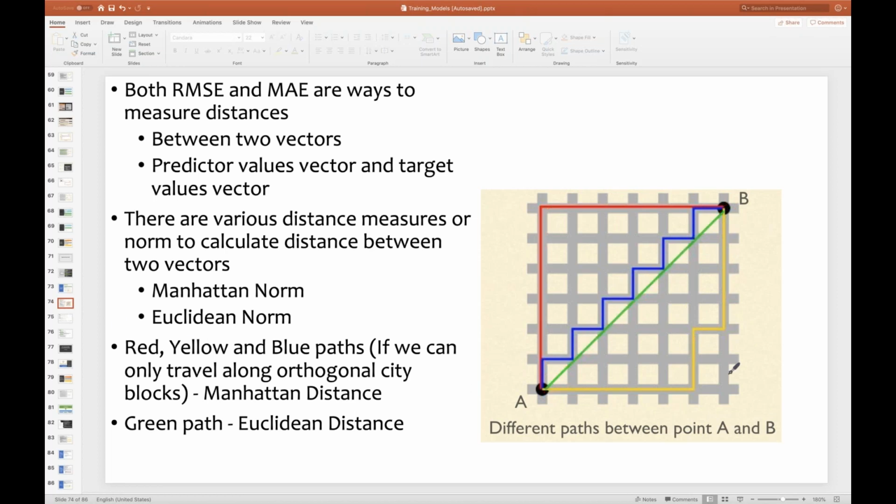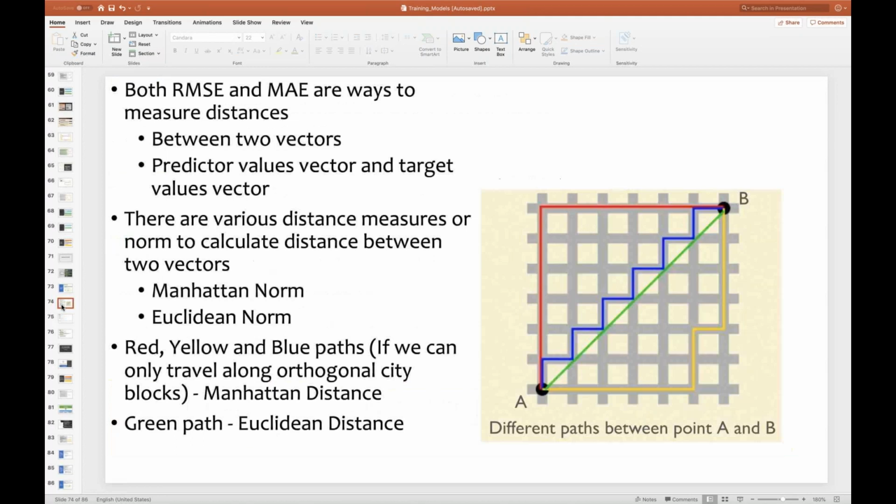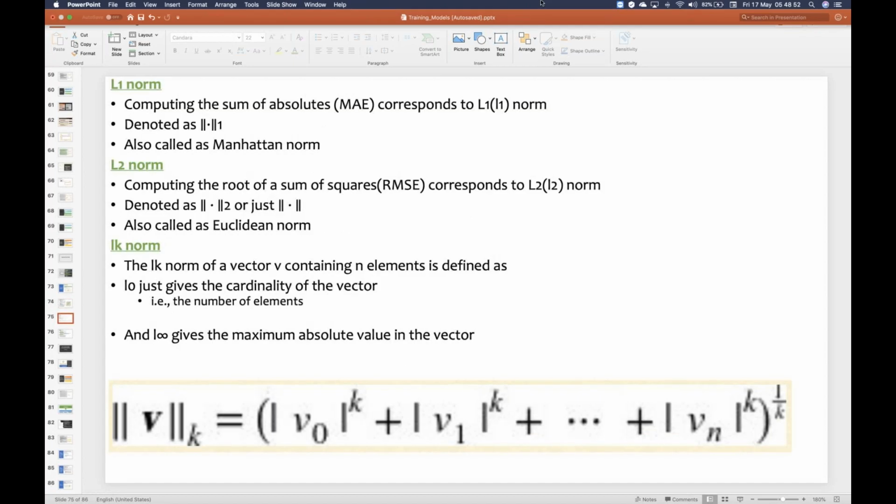Okay. Now let me jump back to pointer, erase all the drawings. Now, 75. So L1 norm, L2 norm, and LK norm. These norms are nothing but the regularization terms that control the parameters. L1 norm is all about computing the sum of absolute errors, which corresponds to mean absolute error.